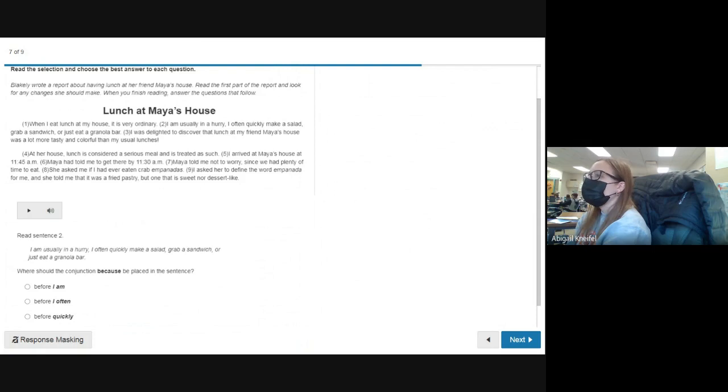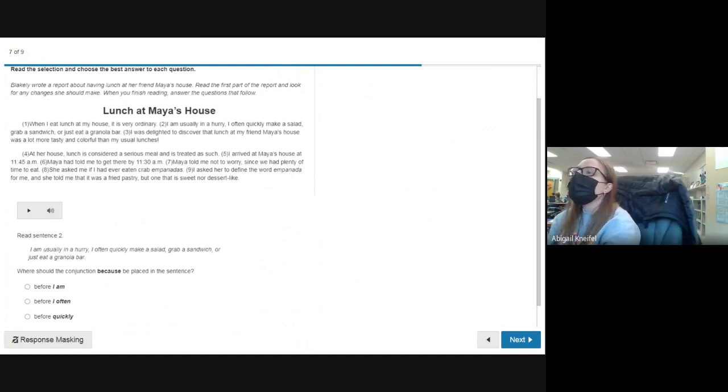Lunch at Maya's house. When I eat lunch at my house, it is very ordinary. I am usually in a hurry. I often quickly make a salad, grab a sandwich, or just eat a granola bar. I was delighted to discover that lunch at my friend Maya's house was a lot more tasty and colorful than my usual lunches. That was a long sentence. At her house, lunch is considered a serious meal and is treated as such.